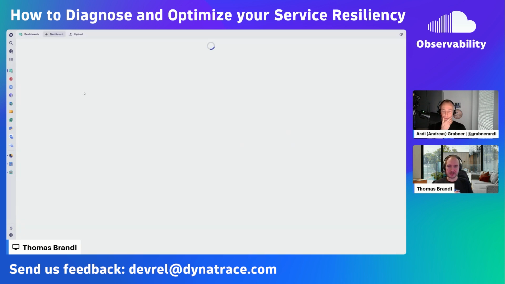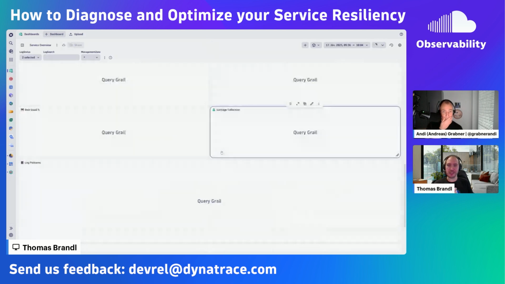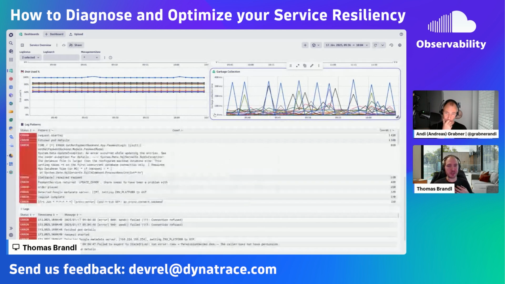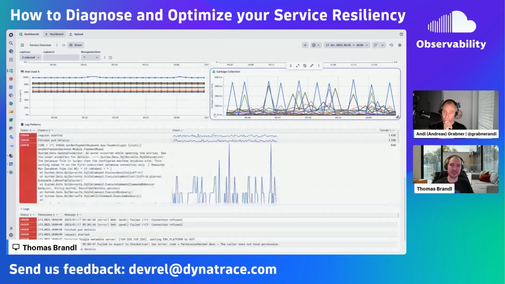Absolutely. And if I go back to my dashboard, I believe especially when it comes to the health of services, logs are part of service health, right? So I want to understand what's going on in my logs. In a previous session that Andy and I did, we looked at the different log patterns in there. Analyzing these log patterns can be really helpful.